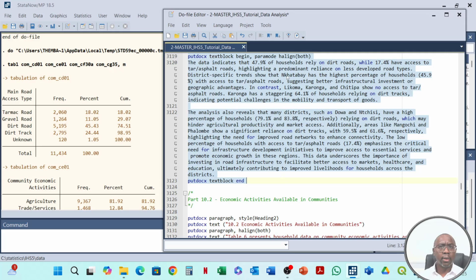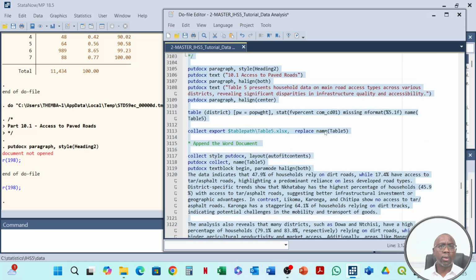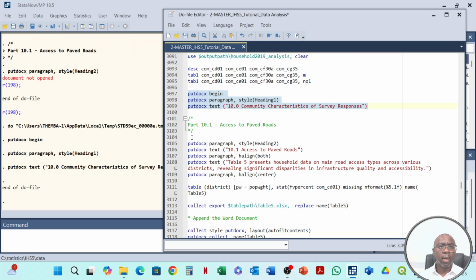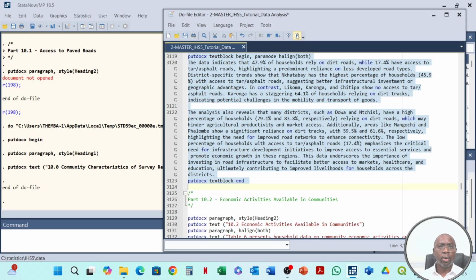Let's just run that. Sorry, I didn't open the document, so it's supposed to run this. Let's run it, and then we need to now append this to this open document.